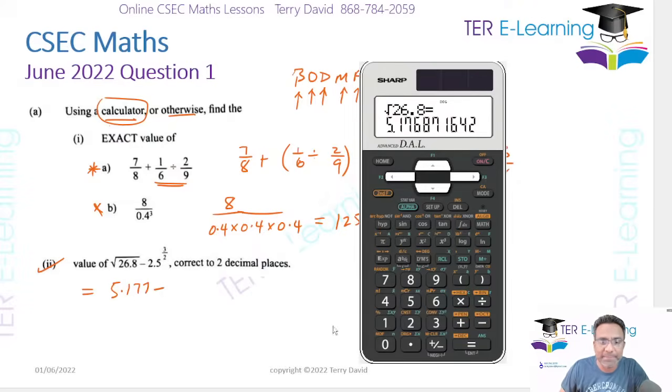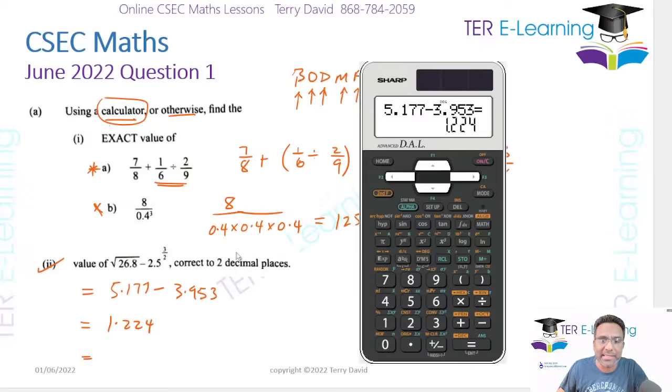So this here is 5.177 minus. Now, some students may have trouble trying to figure out how we work out this 2.5 to the power 3/2. You see this button here, y to the power x, that allows me to enter that index. So you put 3/2 in the calculator, and that's going to give me 3.953. So we're just going to subtract those two things now: 5.177 minus 3.953, and I'm getting 1.224.